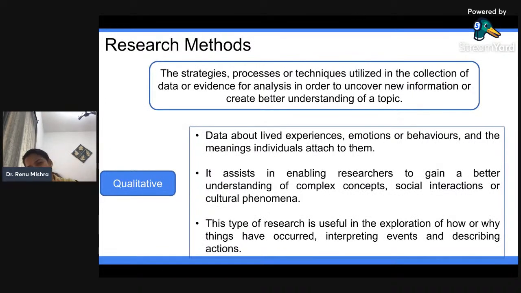All these aspects require you to develop an in-depth analysis of a particular topic, of a particular concern in hand.